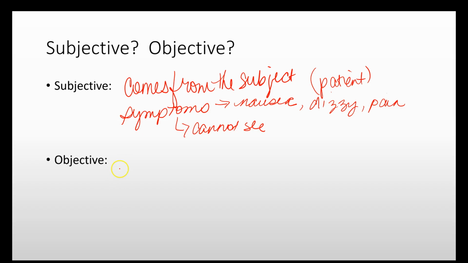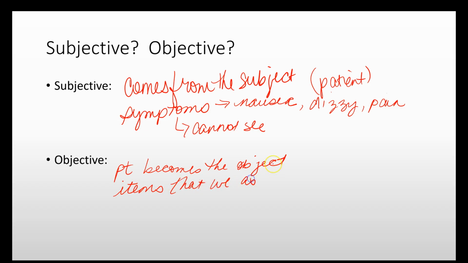Objective is the patient becomes the object. So these are items that we can see and judge. Sorry, my handwriting is so awful on the screen here. Things the nurse can see, smell, touch, and evaluate.